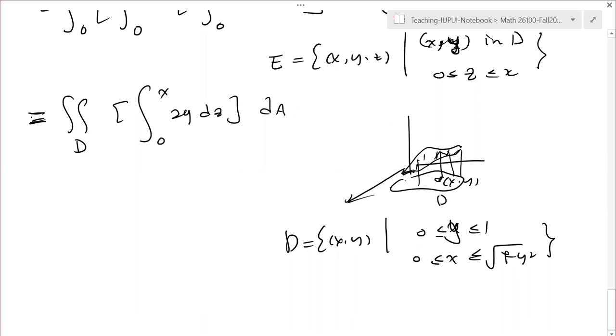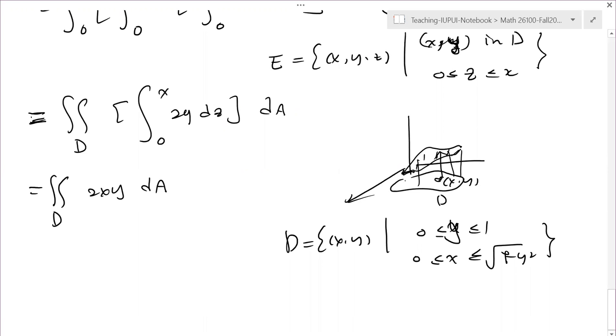It's the same, you get a double integral first. So now you will get, actually, it's 2x. Yeah, the antiderivative with respect to z is 2xy.